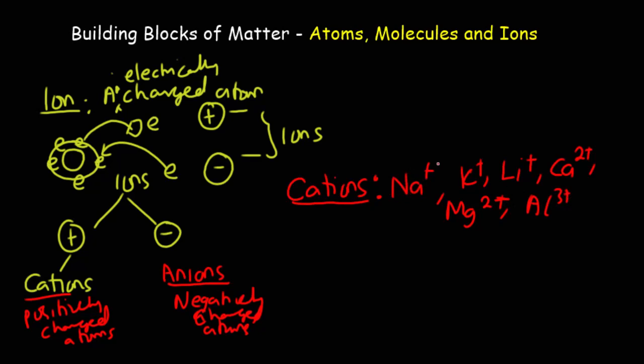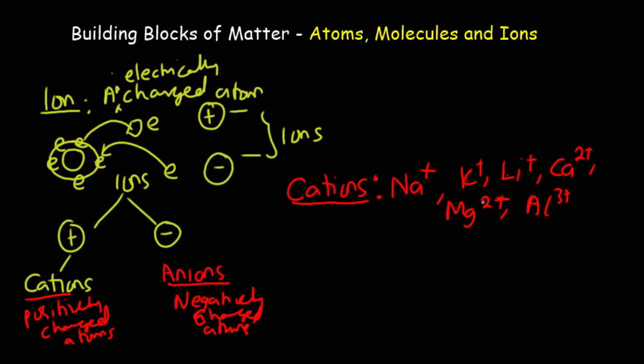Sodium can only lose one electron. That is why it is positive. The same applies to potassium and lithium. They can only lose one electron, and so they have positive 1.